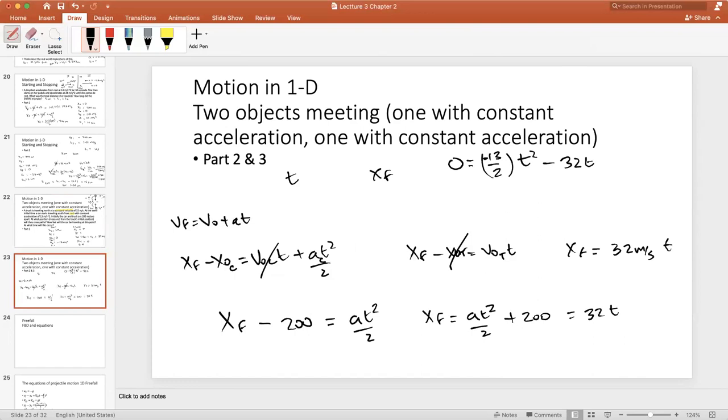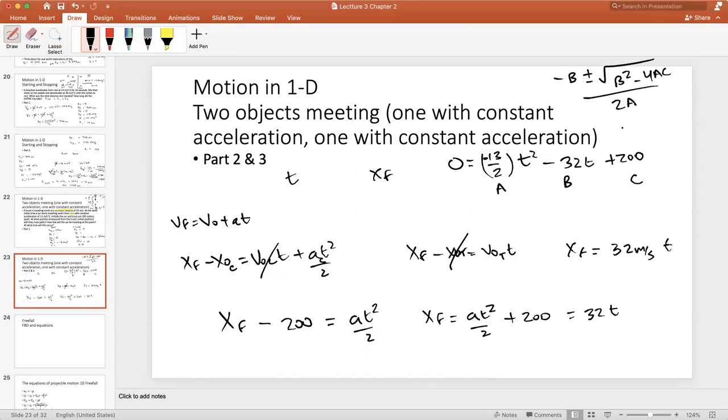All I did was move that over, and so if I subtract 32T from both sides, I get a 0, right? Plus 200. And you can see here, this is A, B, and C of a quadratic. You're going to solve the quadratic for time, okay? And remember that the quadratic formula is minus B plus or minus the square root of B squared minus 4AC, over 2A.